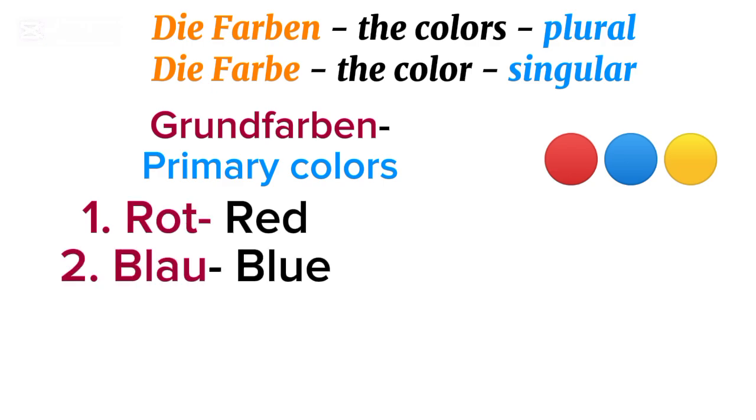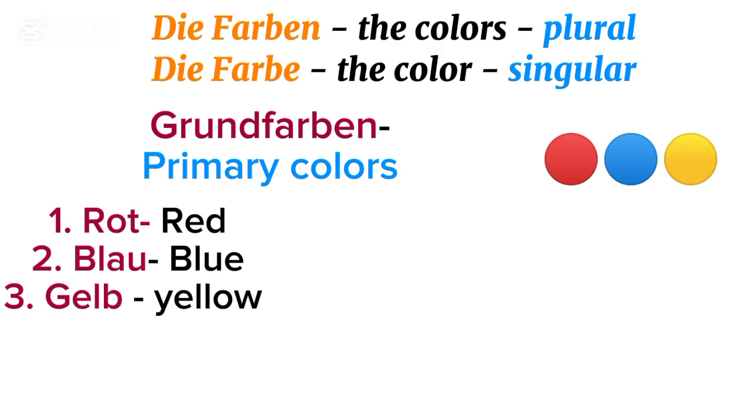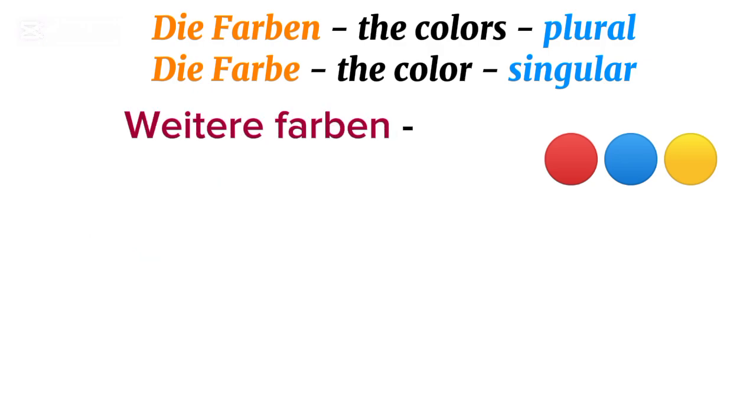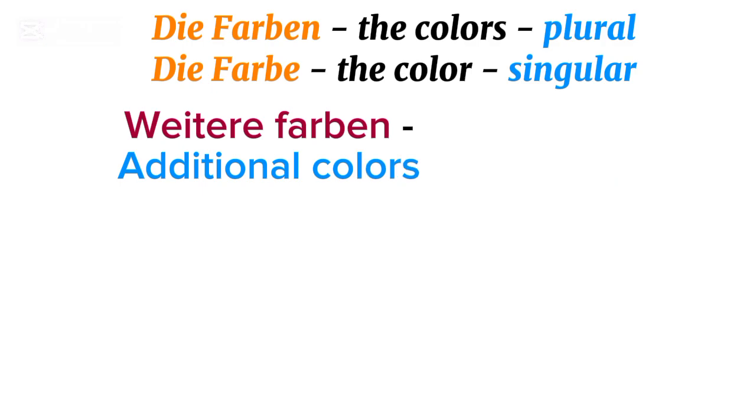Blau is blue, okay? Then the third one, it is gelb. That is yellow color. Yellow, red, blue: gelb, rot, blau. These are the primary colors that one must know. In Deutsch, they are called Grundfarben, primary colors. Then we have weitere Farben, additional colors, okay? Now let's proceed.